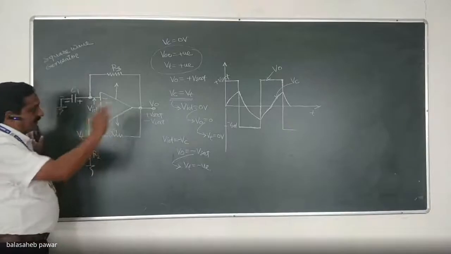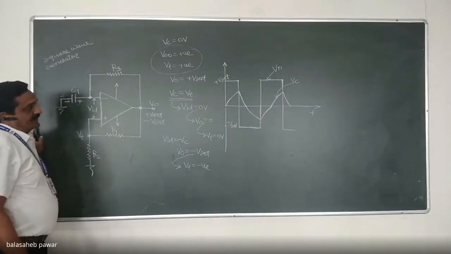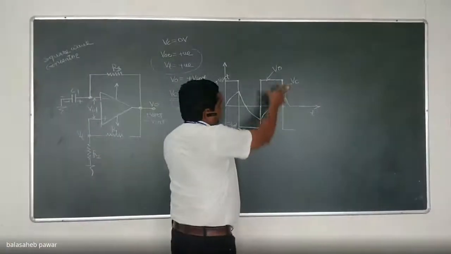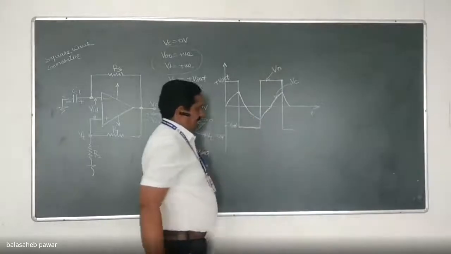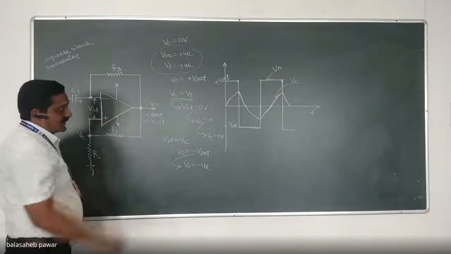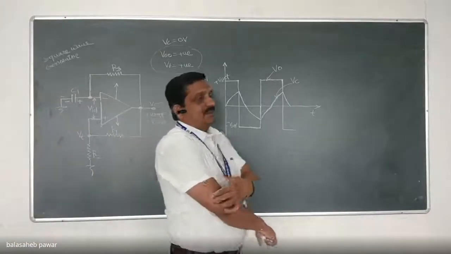So I think you might have understood it properly, right? You will observe the time duration for the negative half cycle and positive half cycle is equal, right? And that's why it is known as a symmetrical square wave generator or symmetrical astable multivibrator.